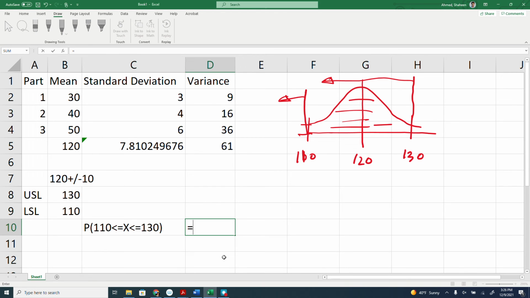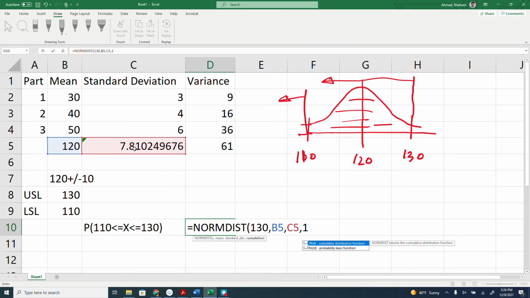So simply what you can do is, there is a function called NORM.DIST. It will ask for x, which is 130. So first I'm going to find the upper tail probability up to this line, and then comma the mean value, comma the standard deviation, comma cumulative. So this will give me all the probability up to this point, all the way from the left.